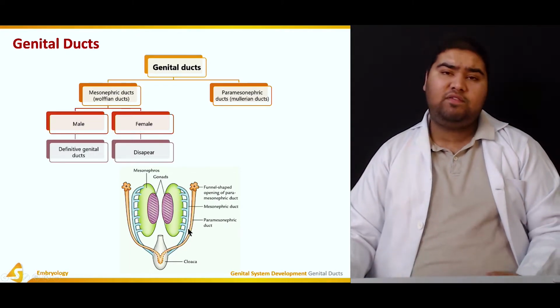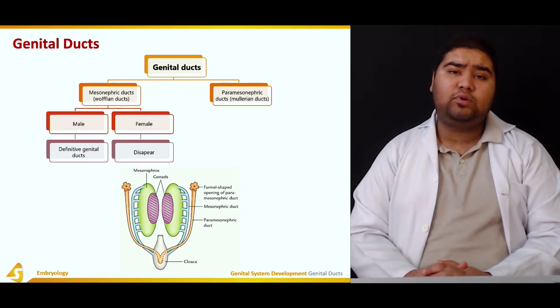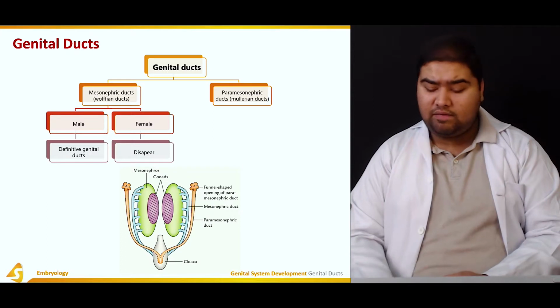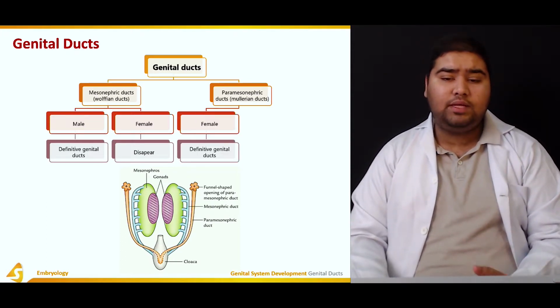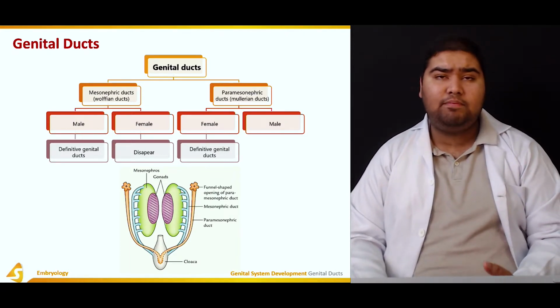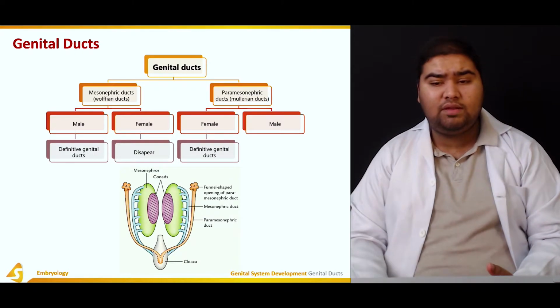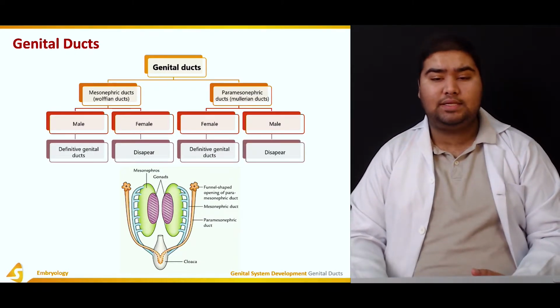The paramesonephric duct can again undergo two types of fates depending upon the sex of the fetus. If it is a female fetus, they form the definitive genital duct. However, in the male fetus, they do not form the definitive genital duct, and hence they disappear.